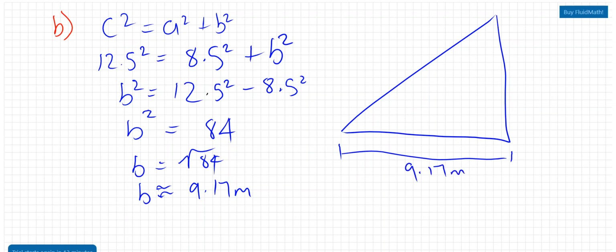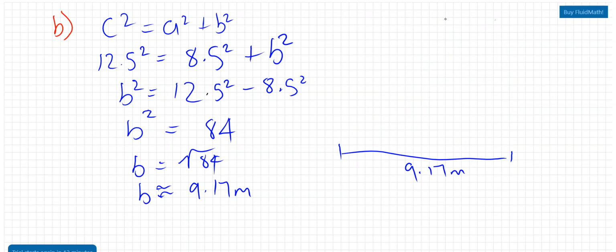The length here has gotten smaller. Before it was 10 meters, and it makes sense. If this metal rod here started off here and went a bit closer and came there, this means the timber here has tilted more. If it's tilted more, then the length is going to get shorter on the bottom.